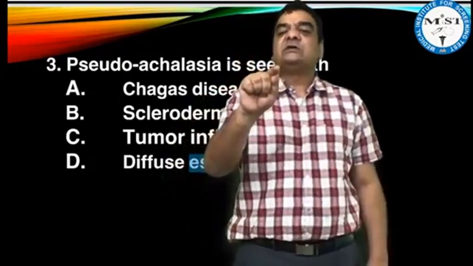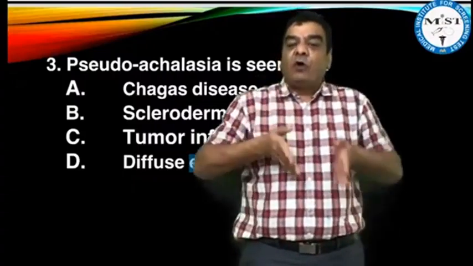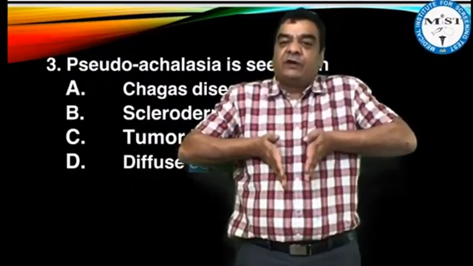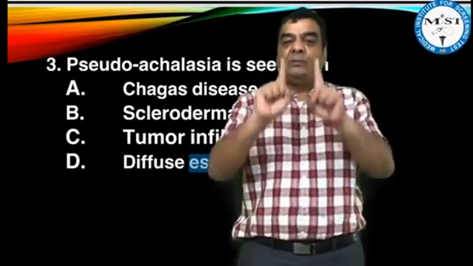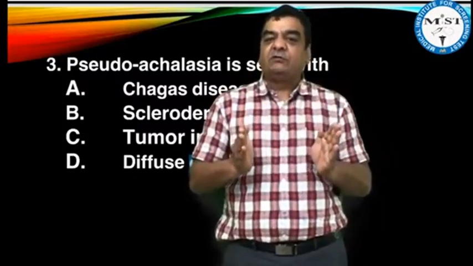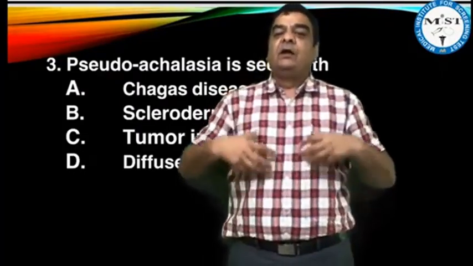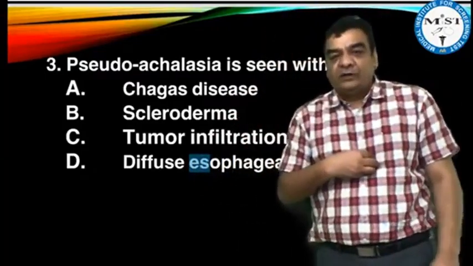That is why we use the specific word pseudo. So pseudo is for something outside the esophagus, though it is classified under secondary achalasia. Pseudo means no pathology of the esophagus, something outside the esophagus. For example, tumors in the mediastinum or tumors from the cardia of the stomach.